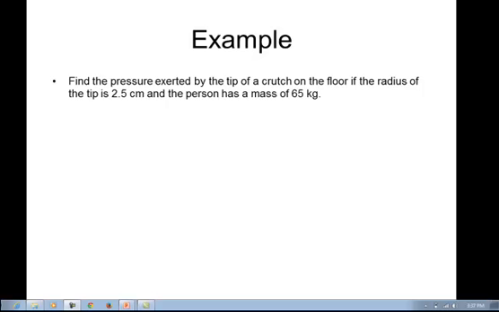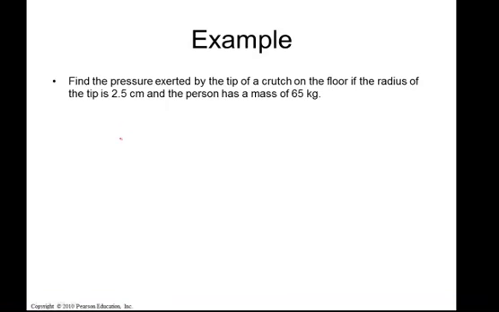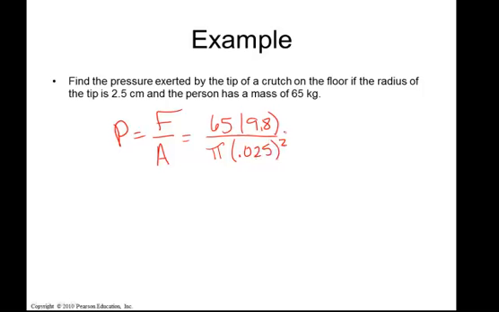Here I have an example dealing with finding pressures. We want to find the pressure exerted by the tip of a crutch on the floor. I'm going to take my force divided by the area. The force is going to be this person's weight, and F equals m times a, which is going to be my 9.8, or in other words, weight is equal to mg. Then I'm going to divide by my area, and since this is a circle, my area is going to be pi times r squared, and this centimeters is going to have to be in meters, so pi times 0.025 squared.